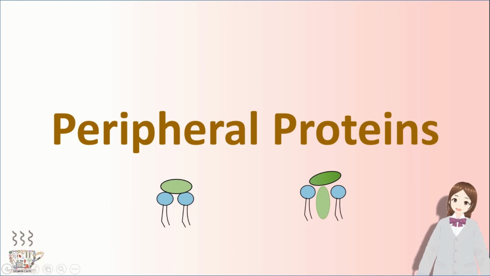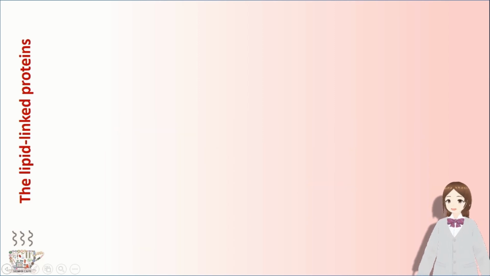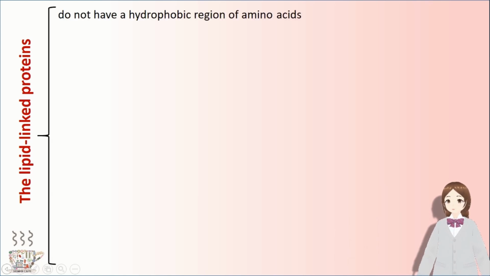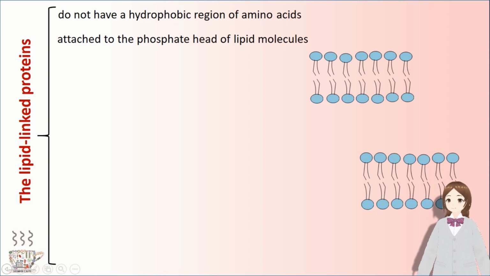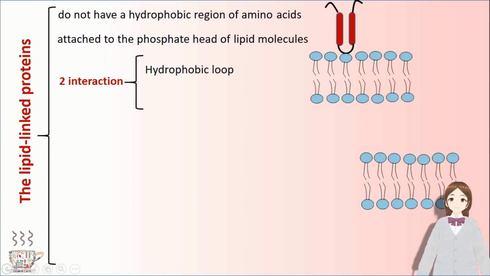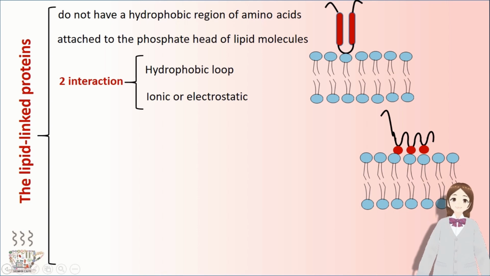Peripheral proteins interact with the surface of the lipid bilayer of the cell membrane. They do not enter into the hydrophobic space within the cell membrane. One of the peripheral proteins is lipid-linked proteins. They do not have a hydrophobic region of amino acids. They include amino acid sequences that enable them to bond to the phosphate heads of lipid molecules through two interactions, hydrophobic loop interaction and ionic or electrostatic interaction.